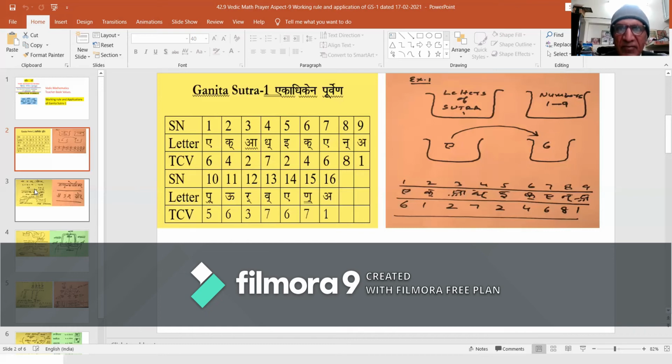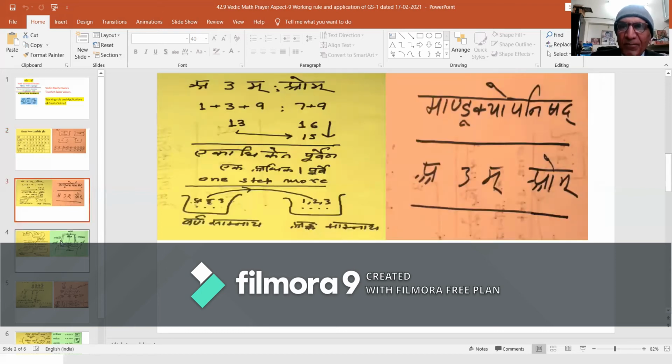Third column is giving the corresponding Dve-Ank transcendental code values of these letters. Therefore, this rule is going to be a very potential rule for us.